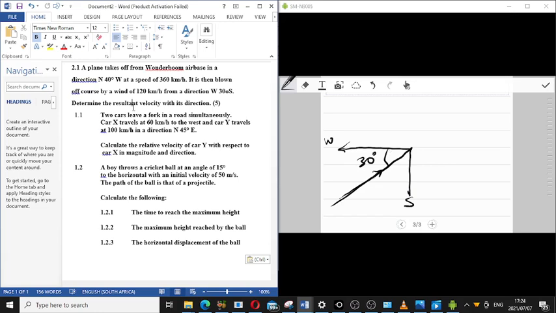So the horizontal component is towards the point, and the vertical component is also towards the point. Since this one is 120, the horizontal component will be 120 cos 30 degrees and the vertical is 120 sine 30 degrees. We should make sure that our angle is taken to the horizontal.